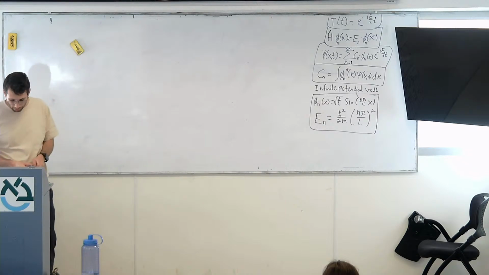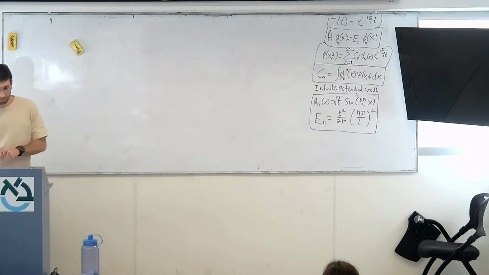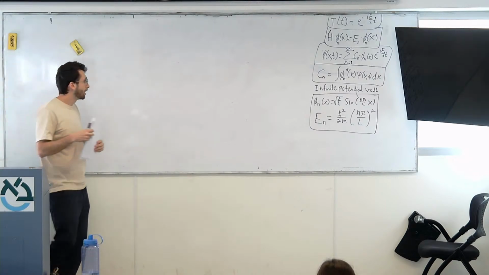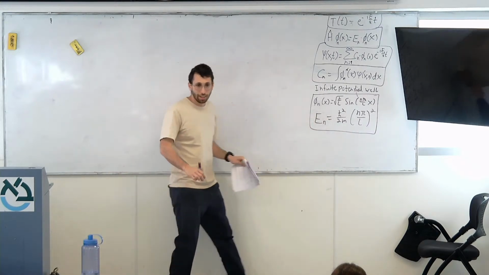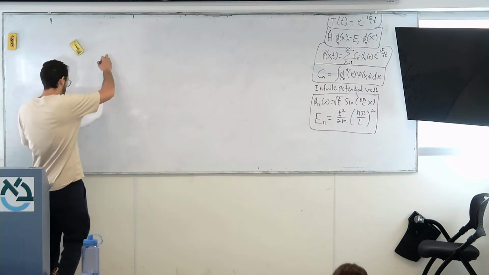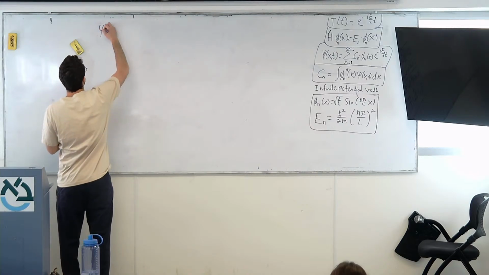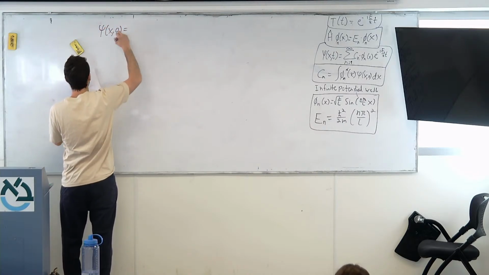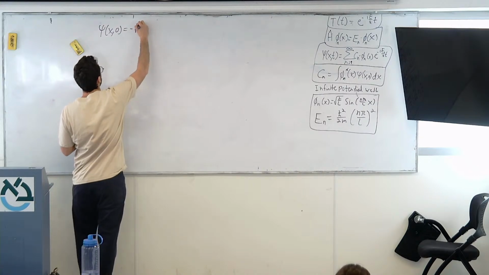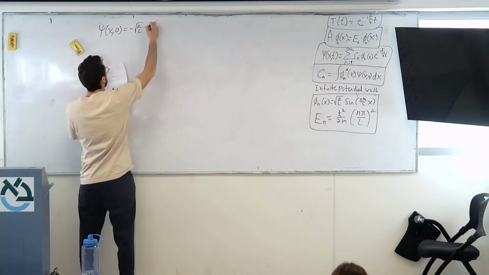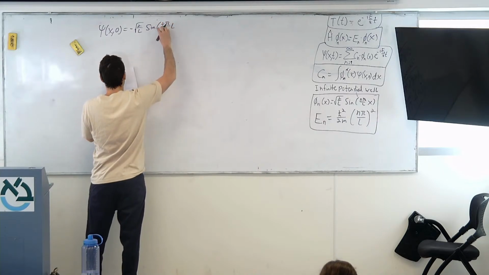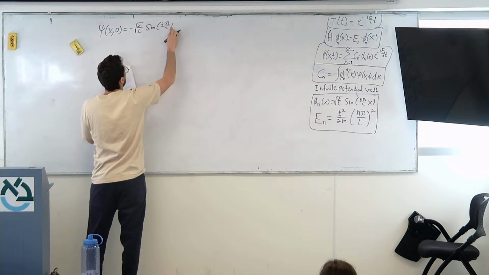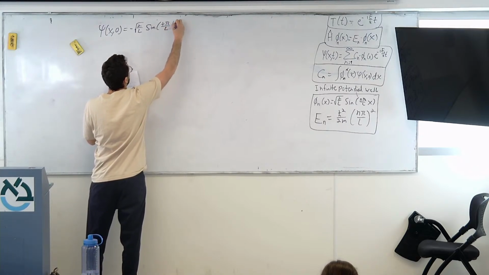Let's do the simplest example to warm up. Let's say I have this infinite potential well of length L, and I have the specific initial condition psi of x at time 0 equals minus square root of 2 over L times sine of 7 pi over L x.